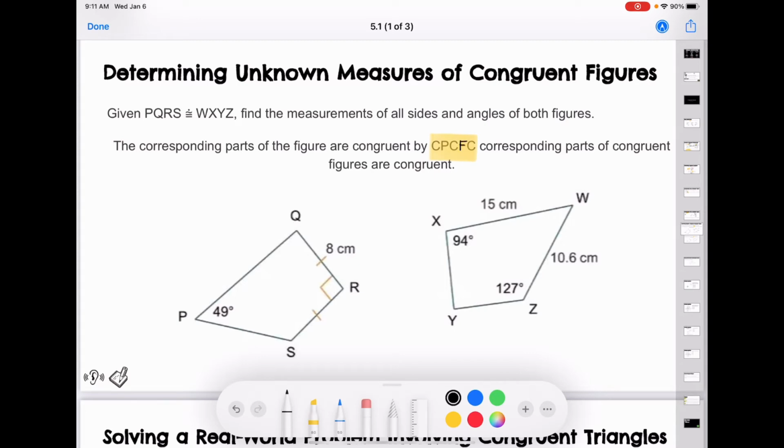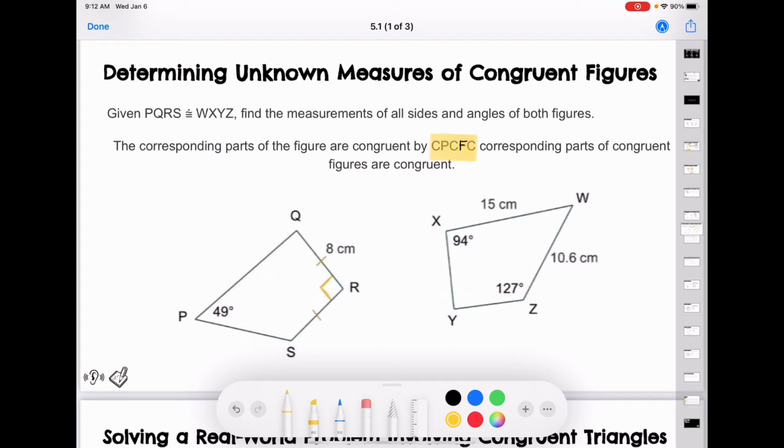And according to that, we know that we will have corresponding parts and angles. So we want to identify what those different missing parts are, given that we know that they're congruent. So we know these two are congruent, so we want to see where they map onto each other. Well, the easiest way to go about this is that we're given a little bit of a hint. We're told that we have a 90-degree angle at R. So let's look at our figure WXYZ.